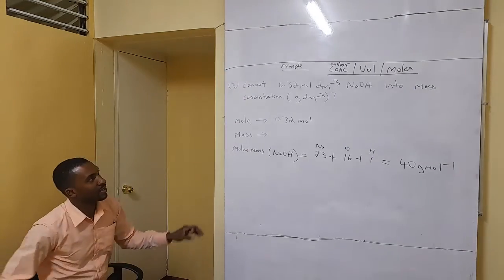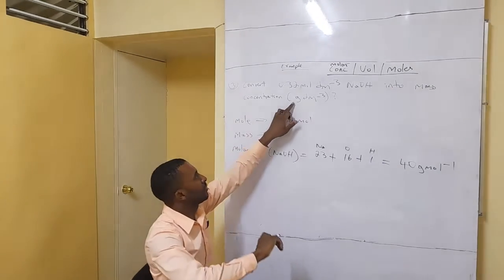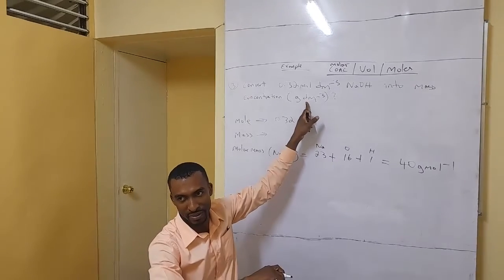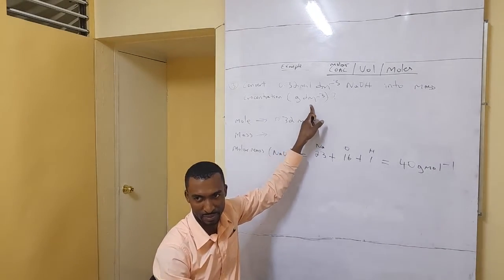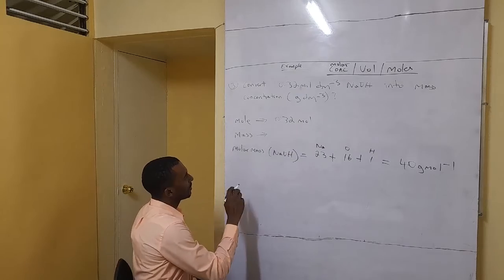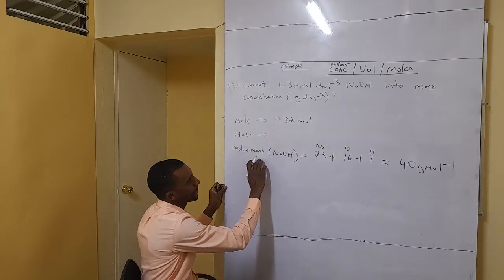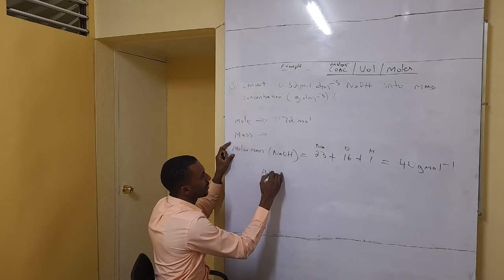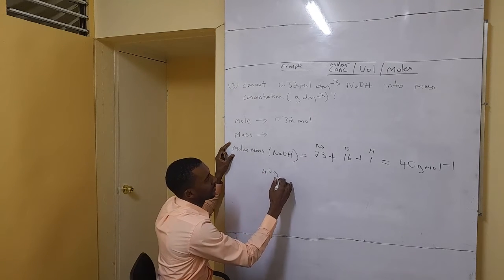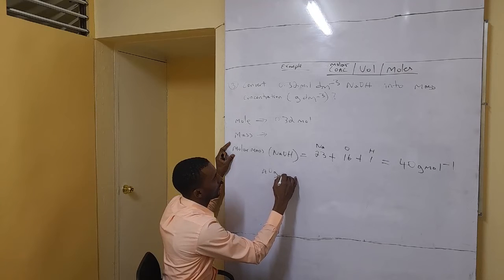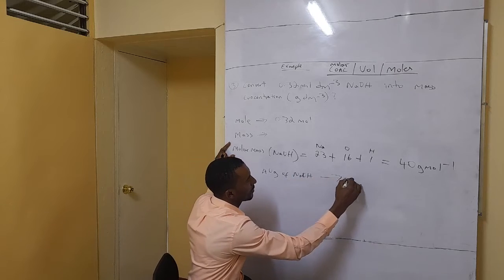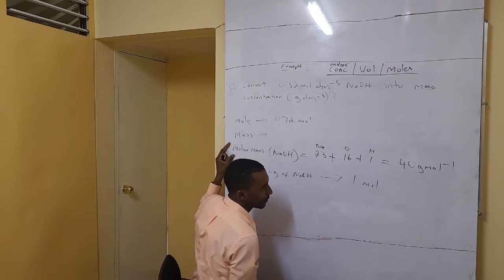And then remember that if we calculate the mass, that would now be the mass concentration, because it would be the mass per liter, or per 1000 cm cube, or per dm cube. So it simply means that from this molar mass, 40 grams of NaOH is equal to 1 mole.